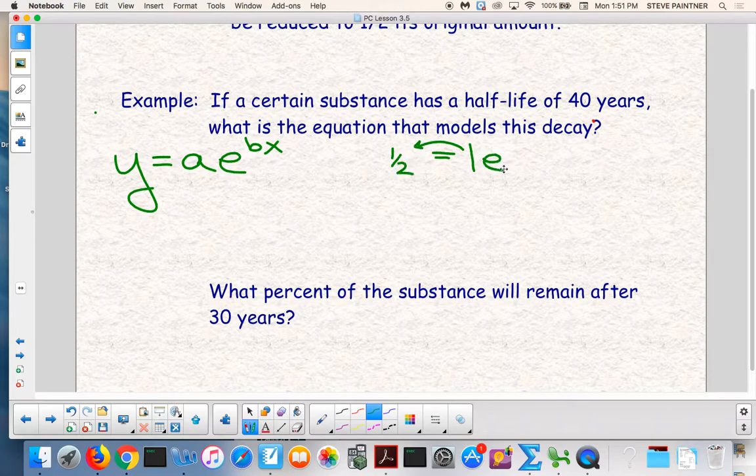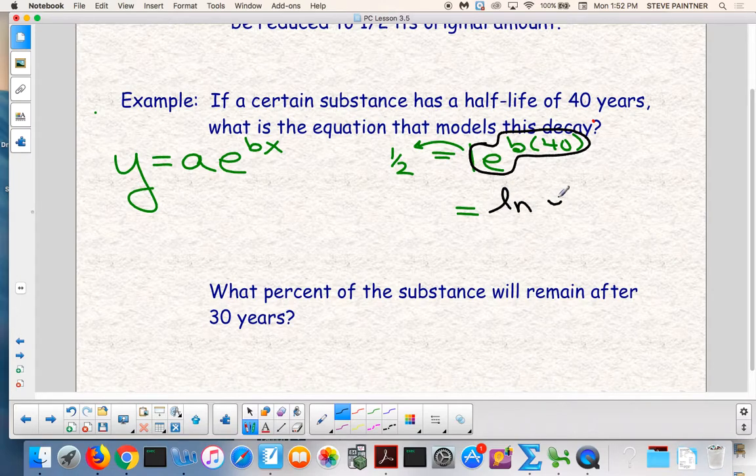Times e to the bx. How many years does it take to go from 1 to half? 40 years. That was the problem. That's the only way you're going to find b. Now, haven't we isolated the base already? Isn't the base all by itself? It's right here. How do you solve this?